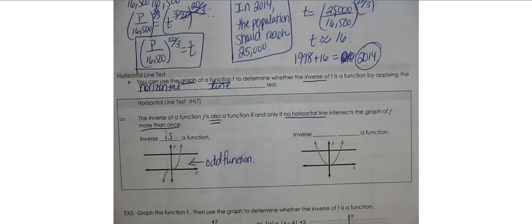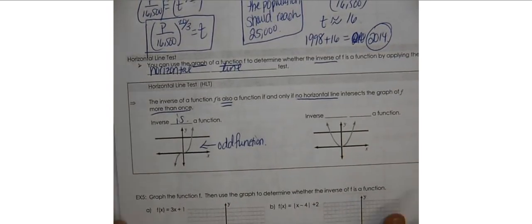So whenever we're graphing inverses, we learned in the last lesson that the graph of the inverse is always a reflection across the line y equals x, where the x and y values of the function are essentially switched or flipped. So the inverse is like switching or flipping your x and y values.